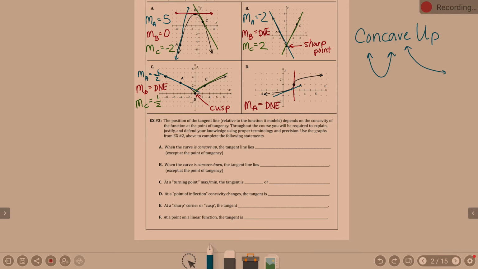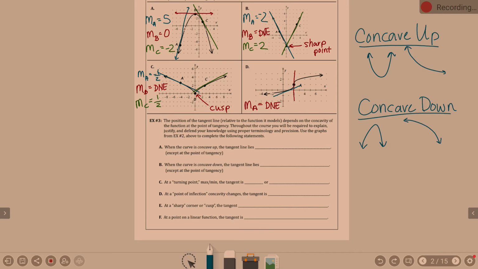As opposed to concave down, which is a parabola opening downwards, so it's bowled downwards. You could take that exponential function, and that could be considered concave down. Anything where the curve is going down. Something like a sine curve switches: concave up, concave down, concave up, concave down. Does that make sense?